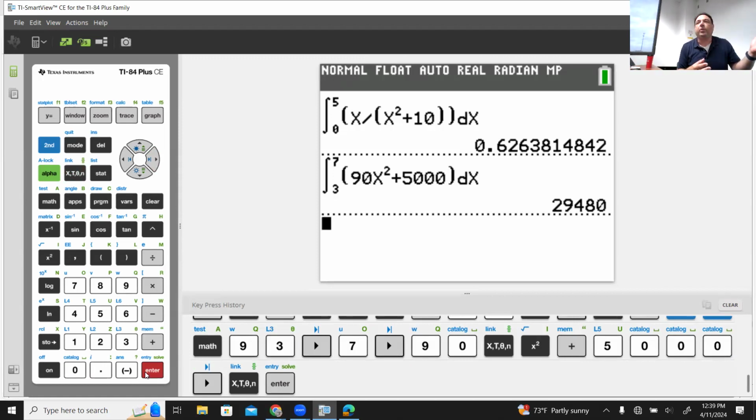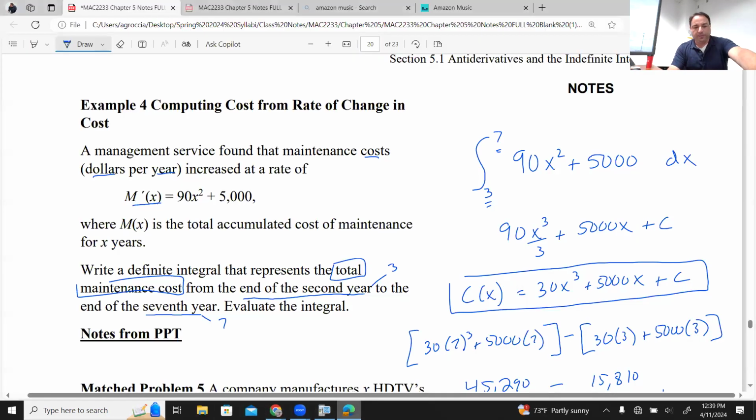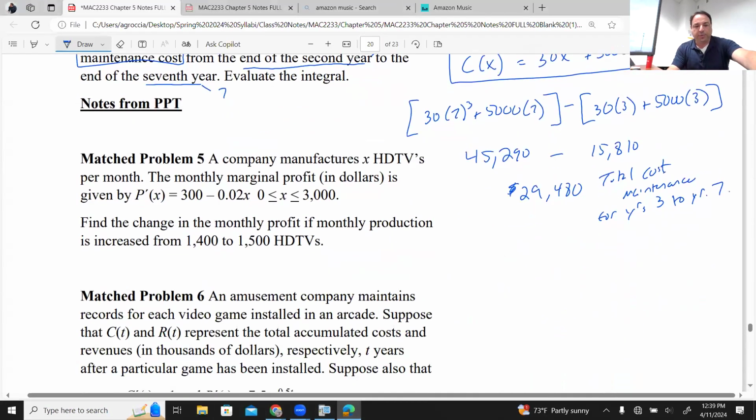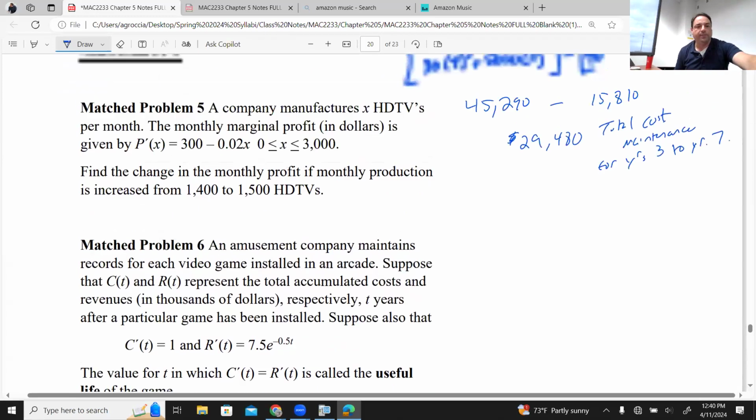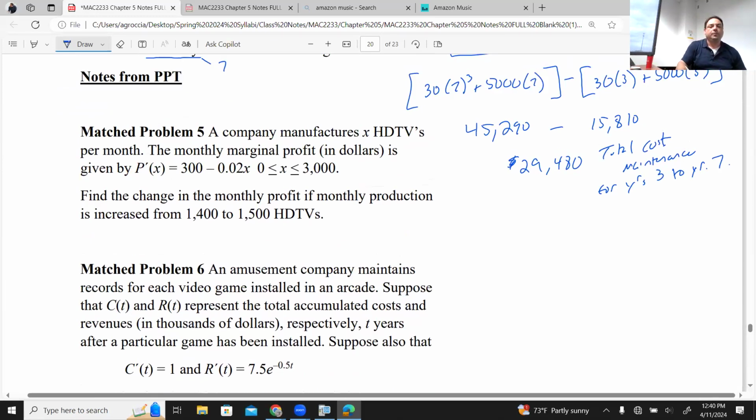This is a straightforward one. What's next? The U substitution one. So the next problem we're going to do says an amusement park company manufactures X HD TVs per month. Nope, hold on. Number 5.